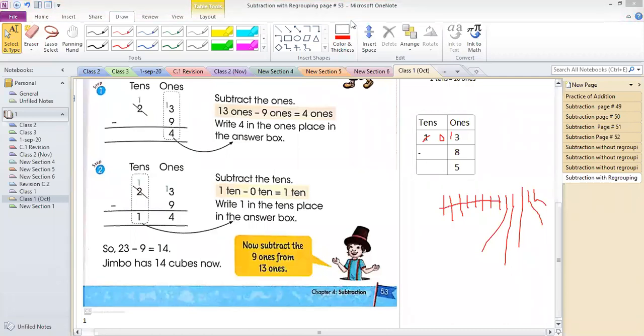Now guys, tell me, any problem in subtraction with regrouping? I'm going to open the chat. If you have any question, you can ask me. Chat is open.